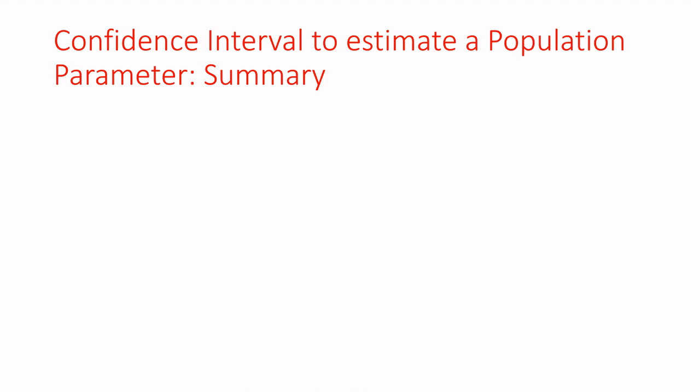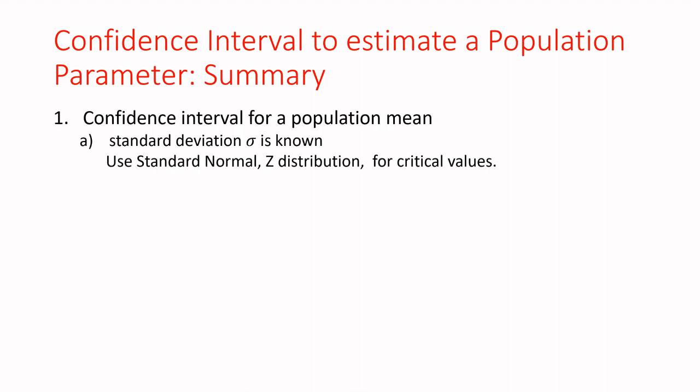Once we identified that, then you select a formula and the distribution that you need in order to estimate your confidence interval and get your critical values. If you know that you're estimating population mean, we have two situations. The one is that the standard deviation is known.